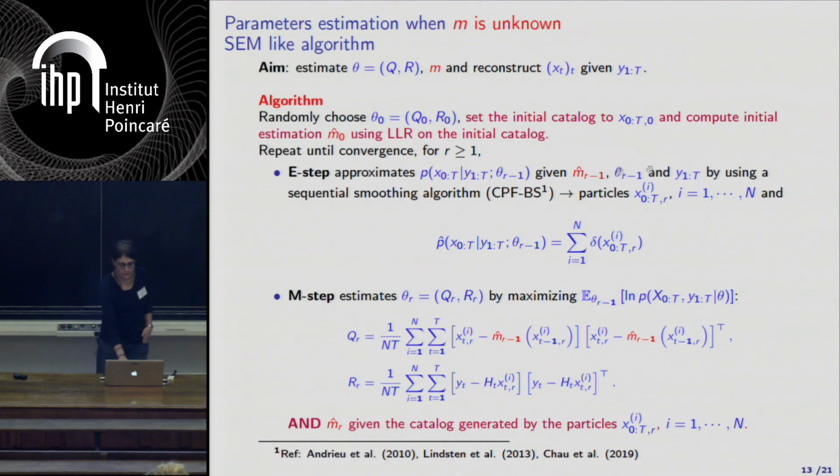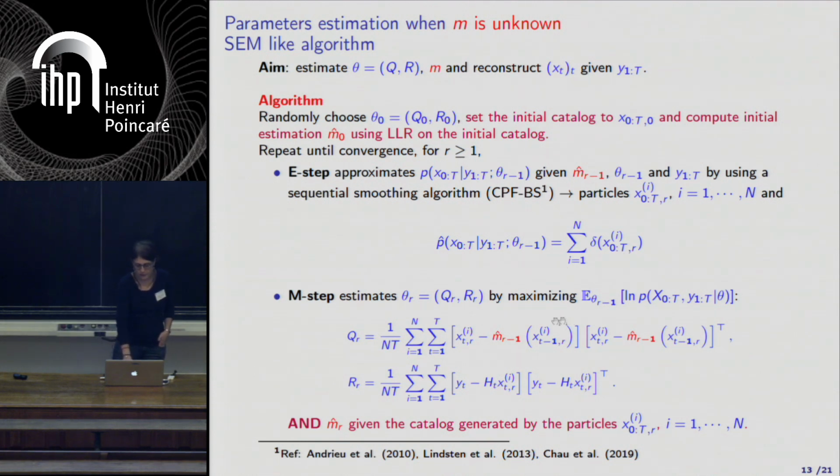And we'll do the same steps. In the first step, given the current catalog, we'll estimate M hat, an estimation of the dynamic operator. And with this M hat and the current parameters, we will generate particles which are realizations of the states.